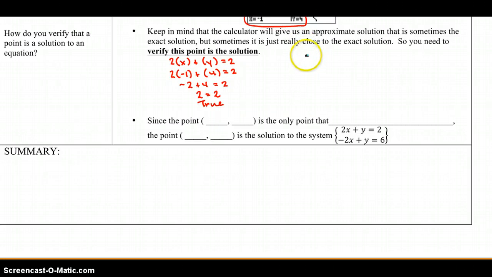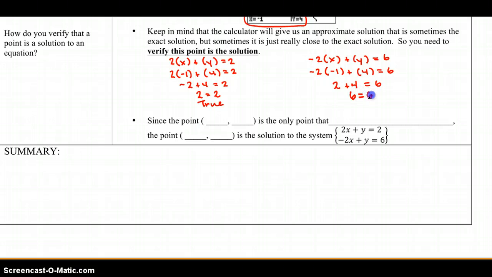Okay, so now let's check our second equation. -2x plus y equals 6. Again, we're going to put parentheses around each variable before we substitute. So now we're going to plug in -1 for x and 4 for y. So -2 times -1, we're going to get a +2 plus 4 equals 6. 6 equals 6, which is also true.